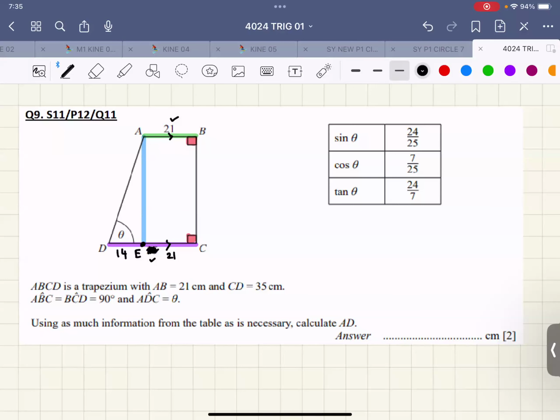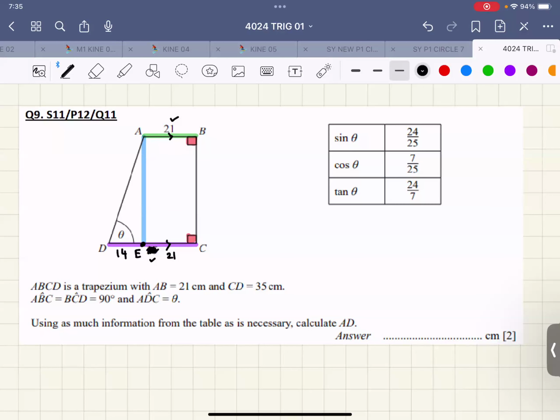So now this is it. And what else is there? We are interested, do we have BC? No, we don't have BC. Calculate AD. So what else is there? Hold for a second. AB is 21, CD is 35, and we are related with sine, cos, and tan.